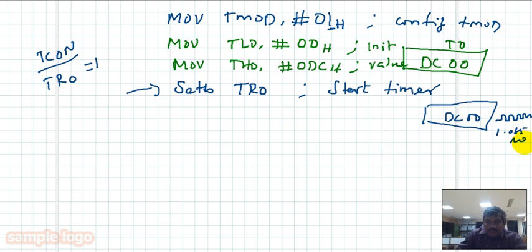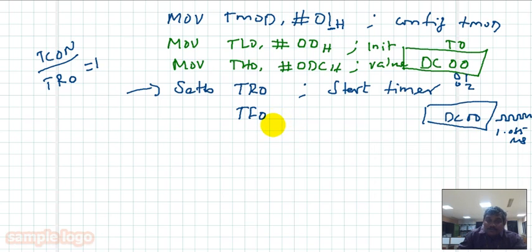Every 1.085 microsecond, the value stored in the timer register will get incremented by 1, like 0, 1, 2. And again, it takes some time. How much time does it take? According to our calculation, it takes 0.01 second.